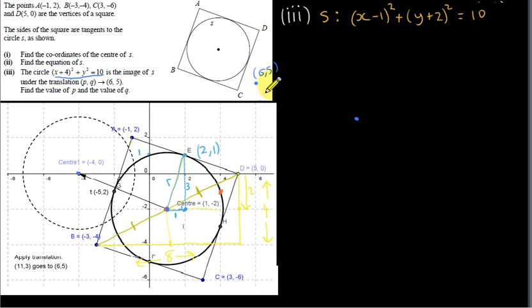We'd have a new arrow. This is our translation, by the way. The tail is PQ and the head is 6, 5. So the idea is that this translation takes circle S and maps it onto our new circle. So we'd move circle S in the same direction as this arrow, which is this way, and we'd move it the same distance as the length of this arrow.